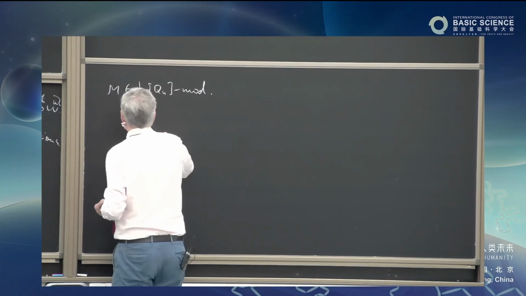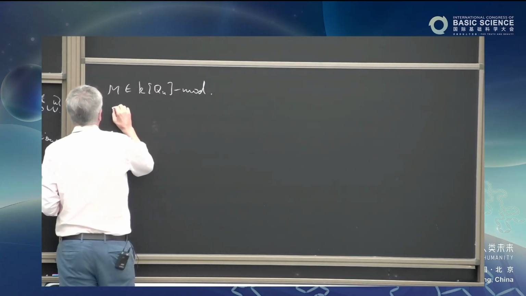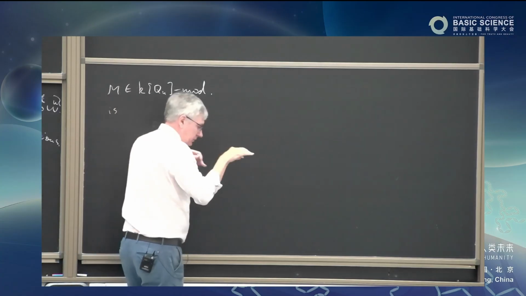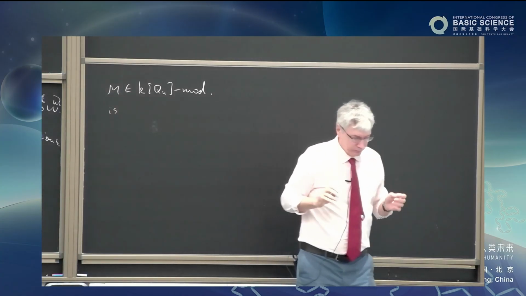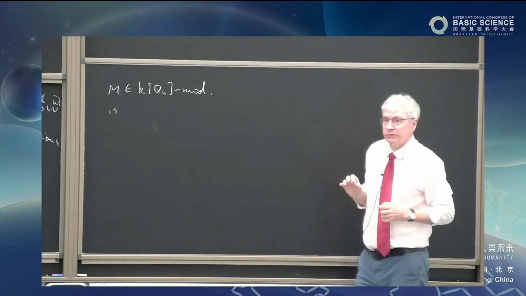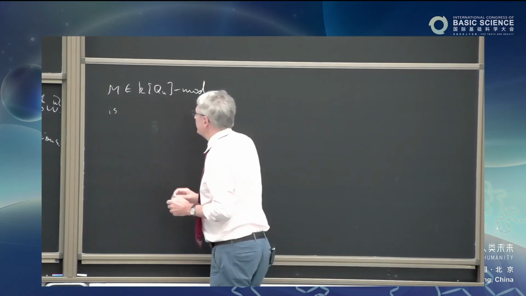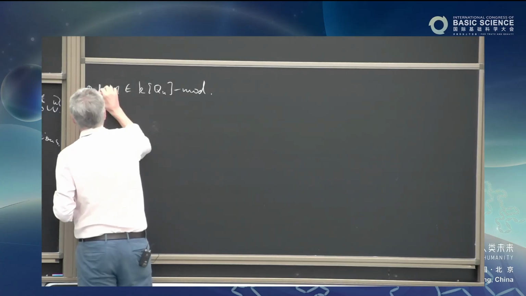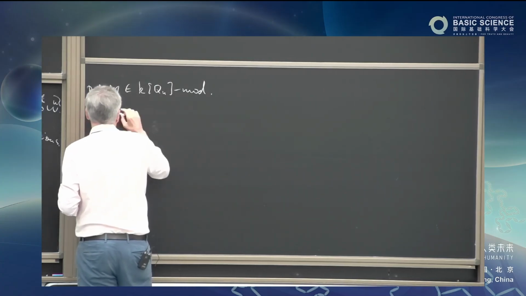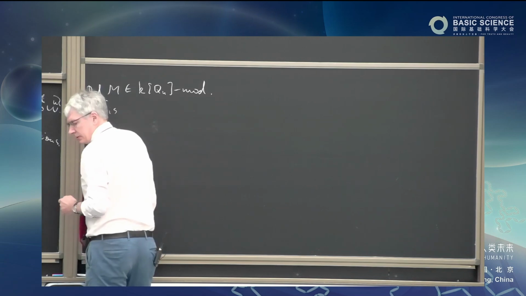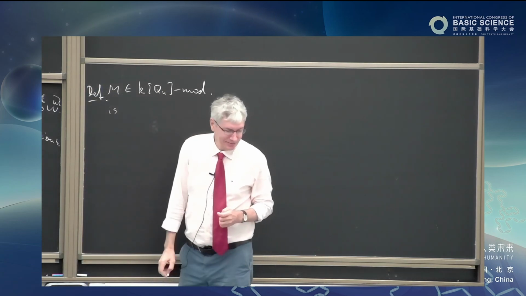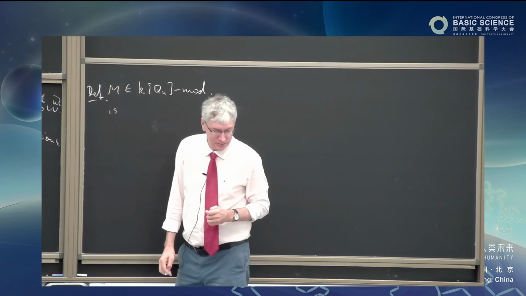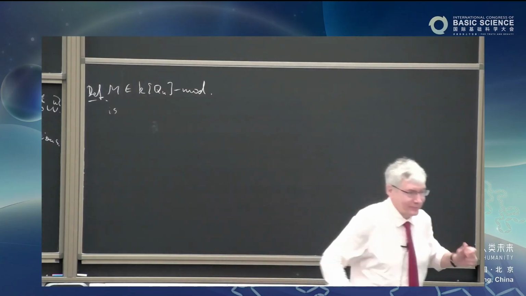So I say that this representation is, I mean, I will later define it for other quivers, but first we will study what happens for this particular quiver. So we say, I call it, sorry, I forgot what I call it.